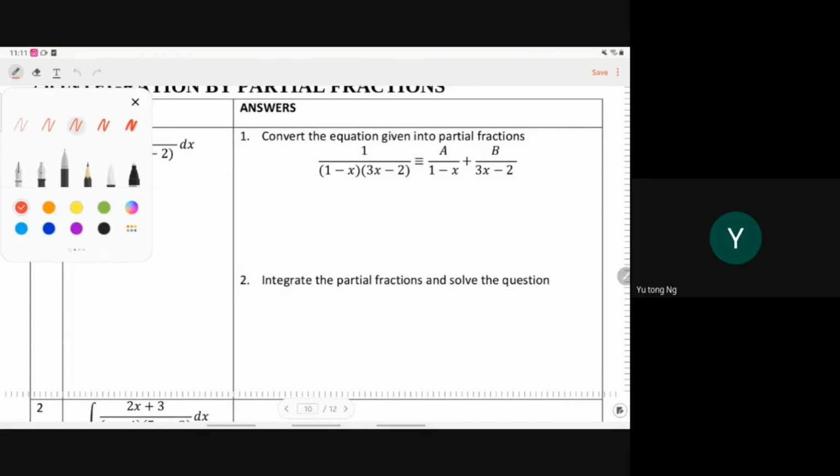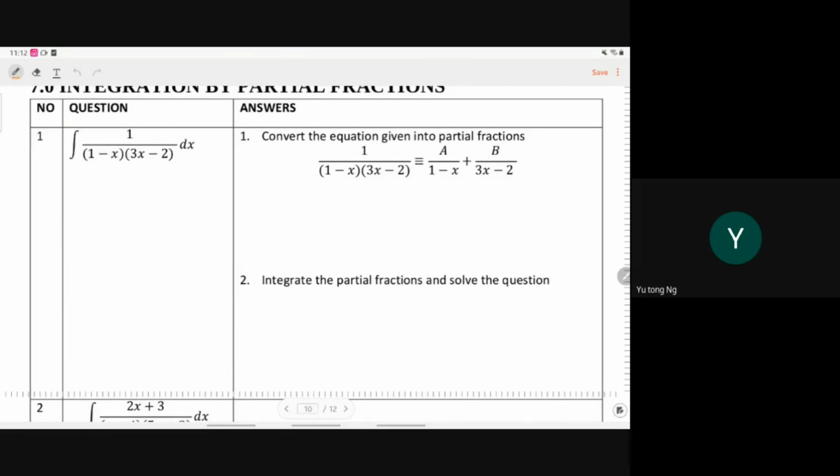Okay, if you still remember, partial fraction keluar dalam trial nanti. Okay, so kita akan a over 1 minus x plus b over 3x minus 2. Then kita akan darab silang, cross multiplication. 1 equals to a(3x minus 2) plus b(1 minus x).